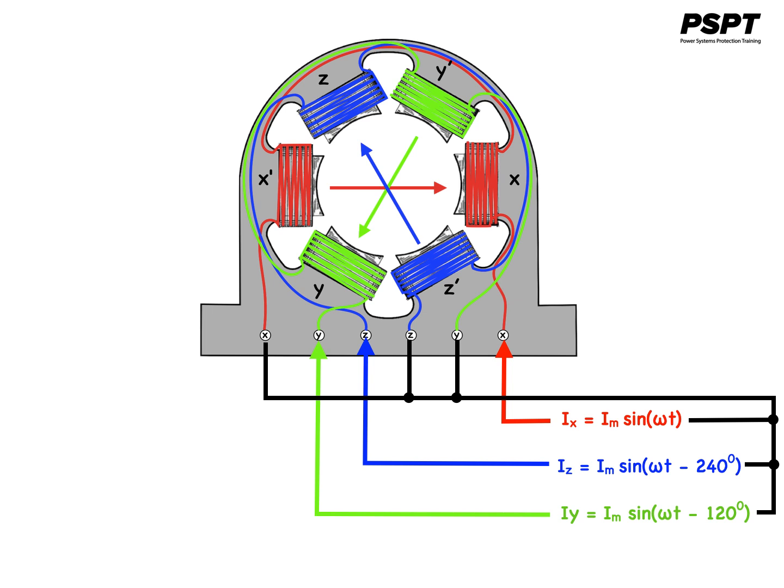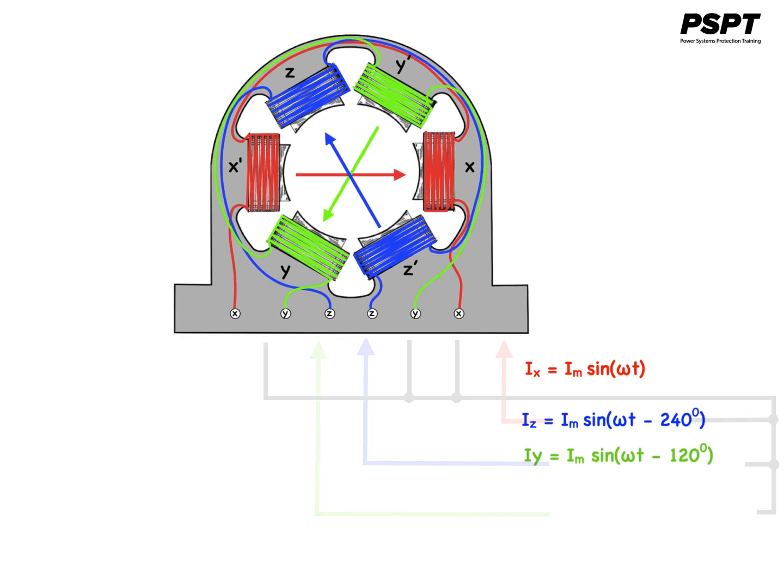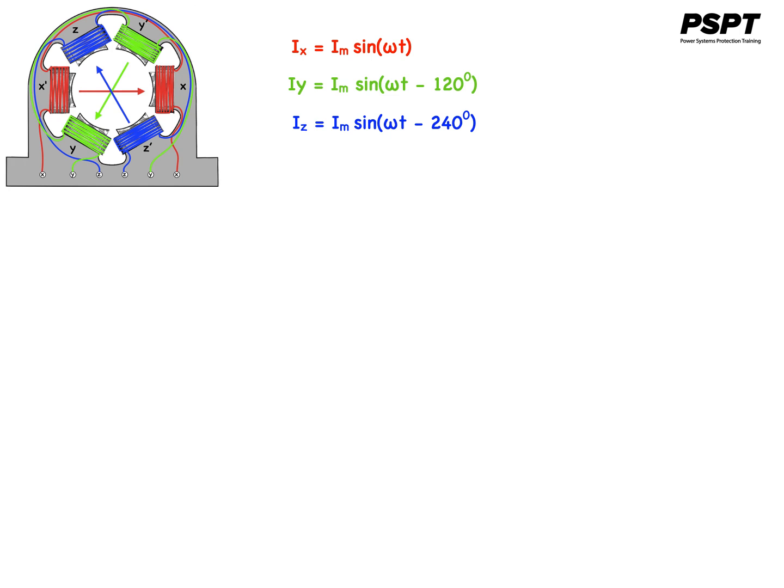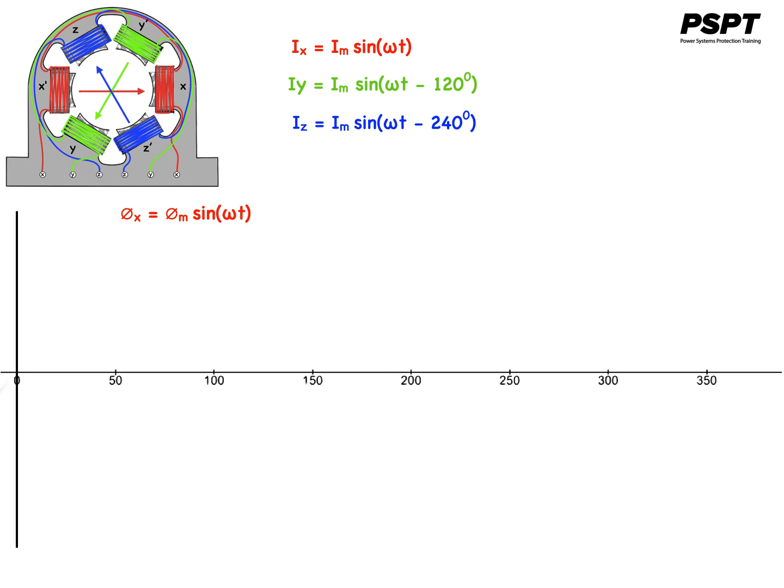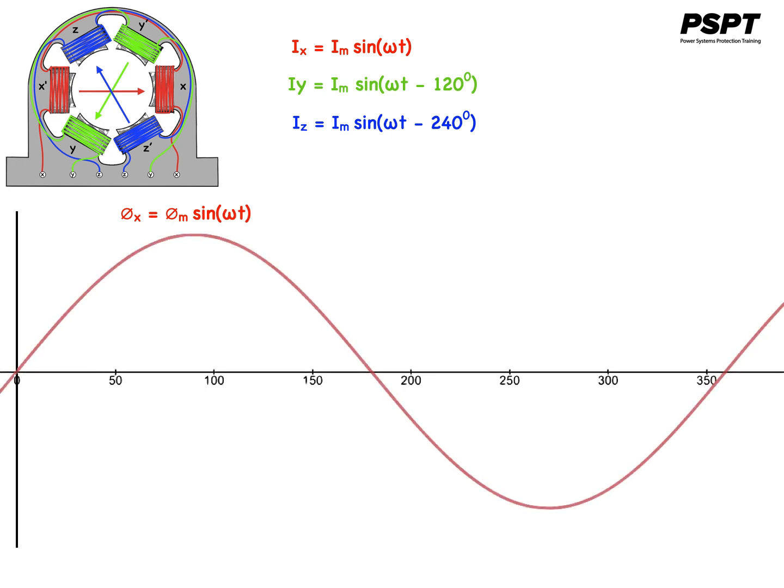These three currents are all of the same magnitude, and they are all of the same frequency. They are just separated by 120 degrees. The fluxes produced by these currents are, of course, in phase with the currents, and shown in the time domain here are given by phi x is equal to phi m, or phi maximum, times sine omega t.